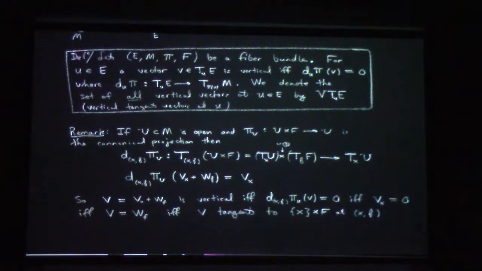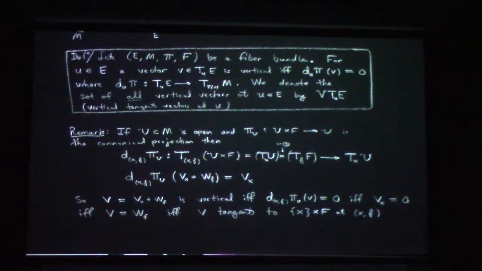So if we have an open set, then the projection from U cross F to U is a canonical projection. We actually have the following formulas, like the differential of the pi U map. It's really just an honest to goodness projection on those pairs of tangent vectors. It just picks off the first part.